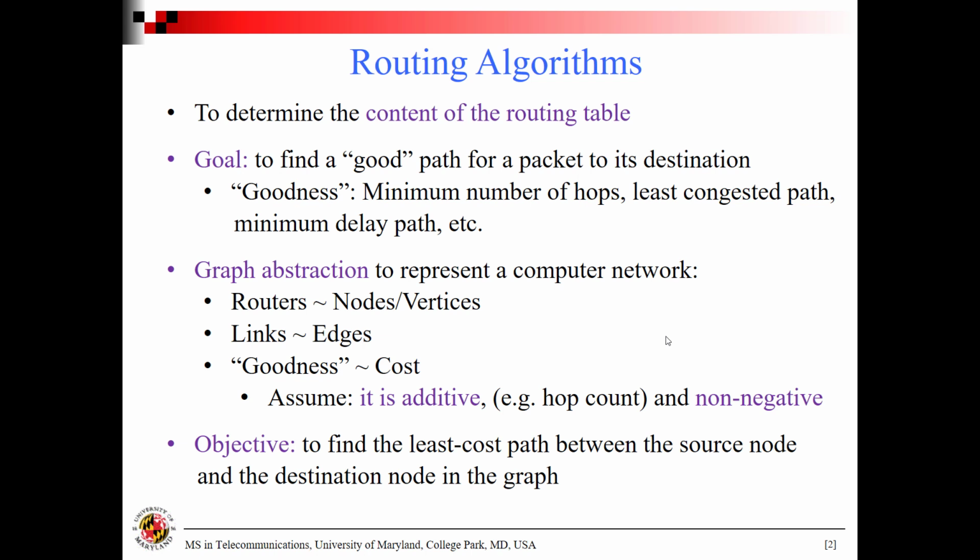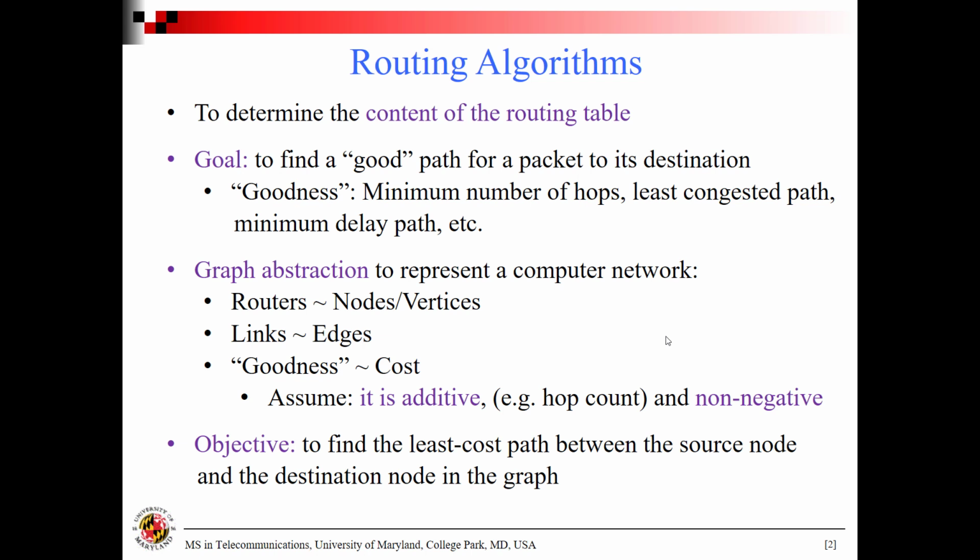When we look at, let's say, the hop count as the measure of goodness, then we can see that this is true because the hop counts would add up naturally as the packet travels the network. The delay, again, could be considered similarly as additive because if a packet suffers a certain delay to reach a particular point, and then from that point to the destination there's another delay, then those two delays would add up naturally as well.